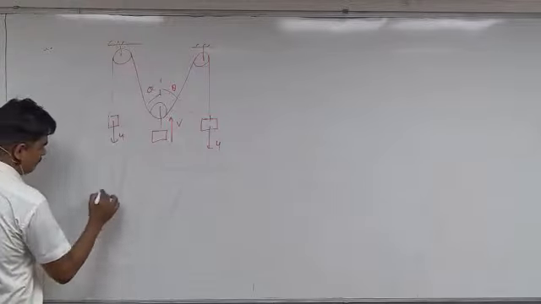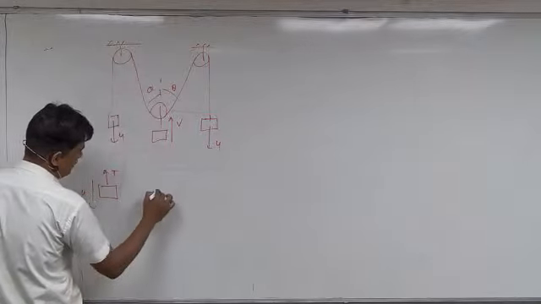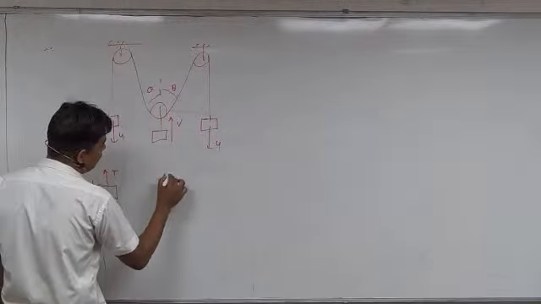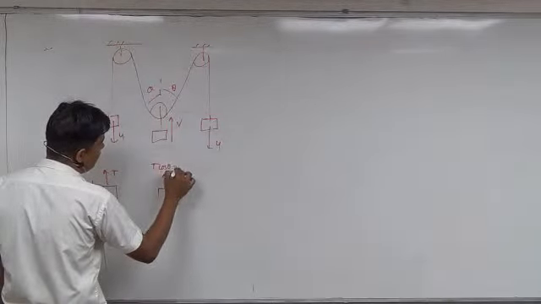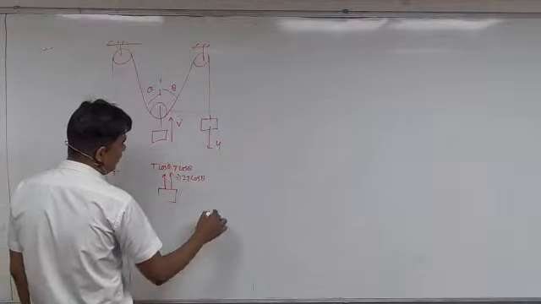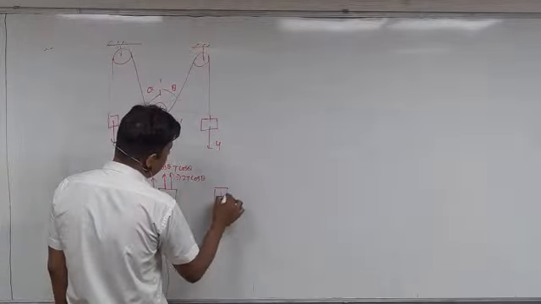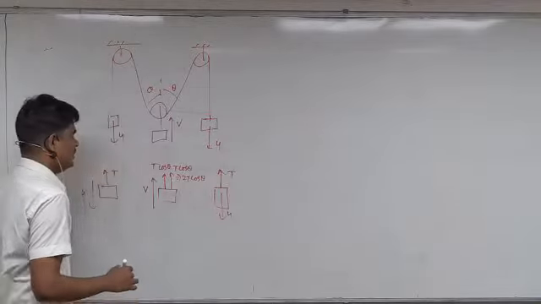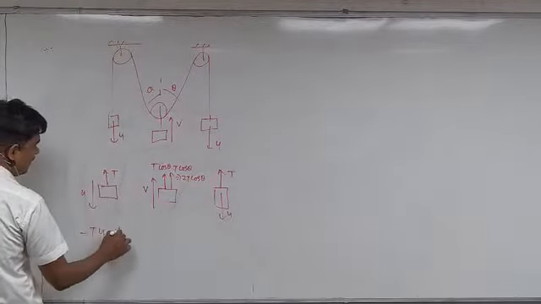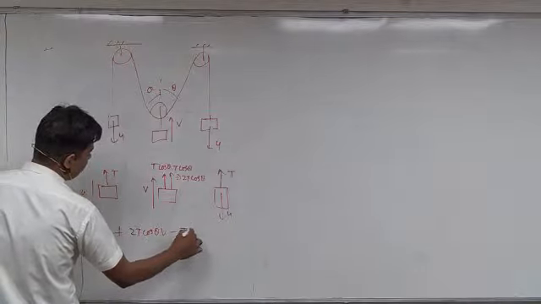So you simply have to draw the body and the tension that is acting here, T and T. If you see the tension T and T, you will say that, sir, this will be 2T cos theta, T cos theta plus T cos theta. So this is going to become 2T cos theta in this direction, and its speed is, let's say, V. Here this is u and here tension is T. So we can directly write minus Tu because they are in opposite direction, plus 2T cos theta V, minus Tu equals to 0.